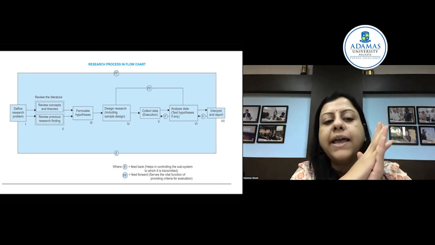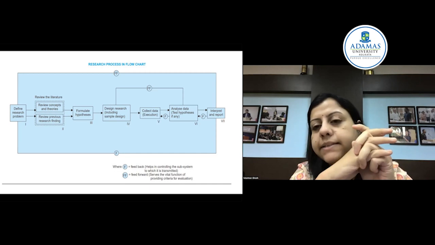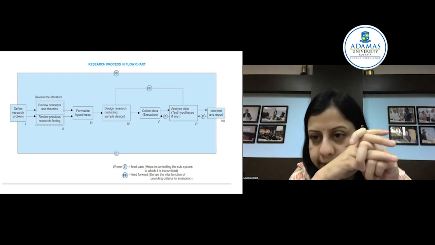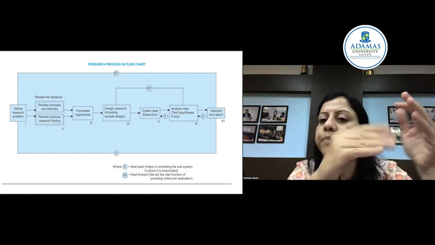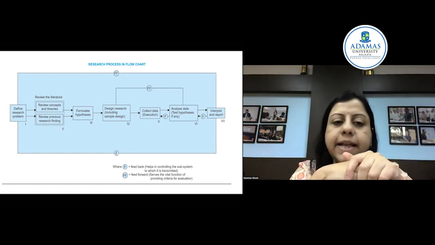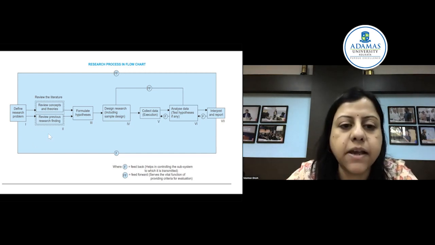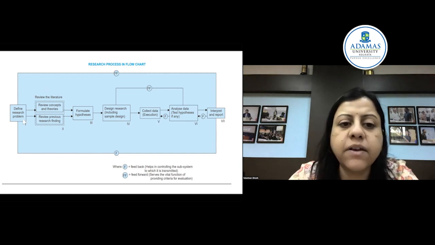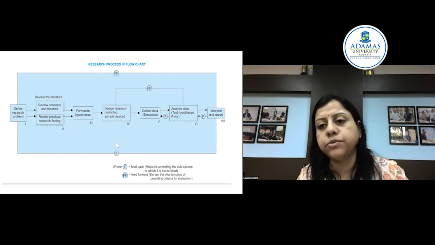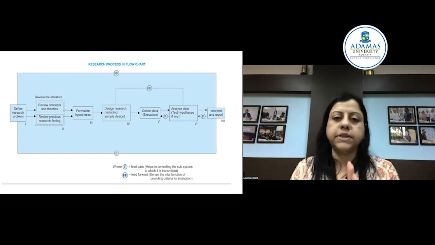So I first have to define the research problem. Once my research problem, research area, research gap, or purpose of my research is identified, I review a lot of literature relevant to that area of study and previous findings. From reviewing the literature, I will be able to theorize or conceptualize my variables of the study.